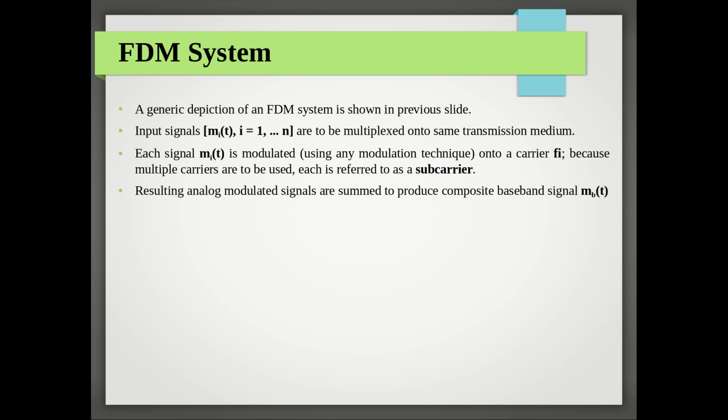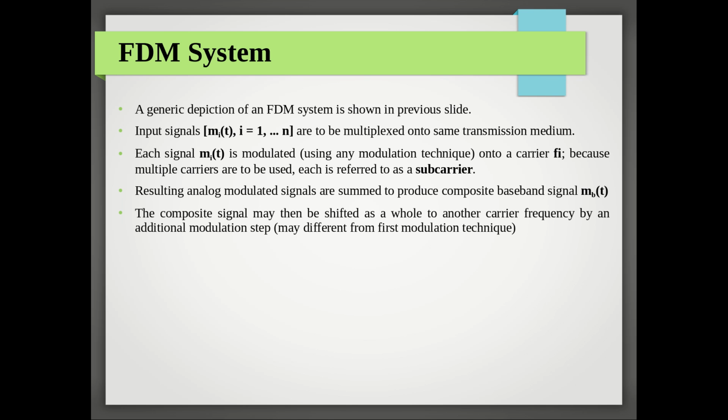The resulting analog modulated signals are summed to produce a composite baseband signal, and the composite signal can then be shifted as a whole to another carrier frequency that is supported by the common medium and the outgoing link, by an additional modulation step that may differ from the first modulation.